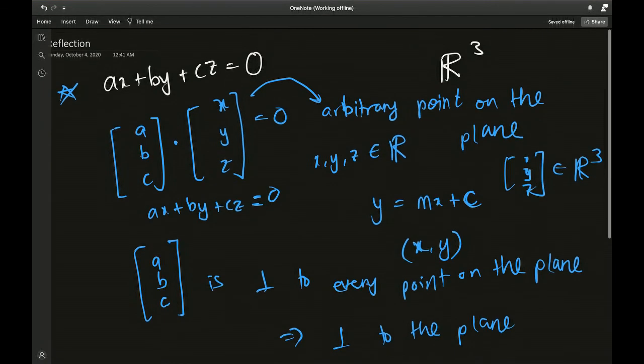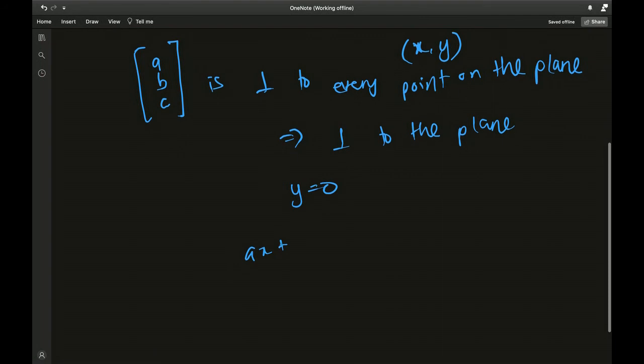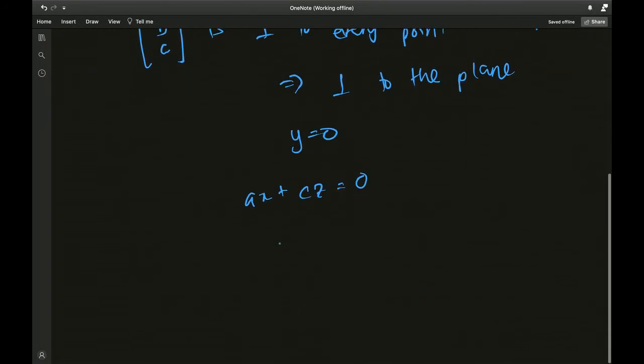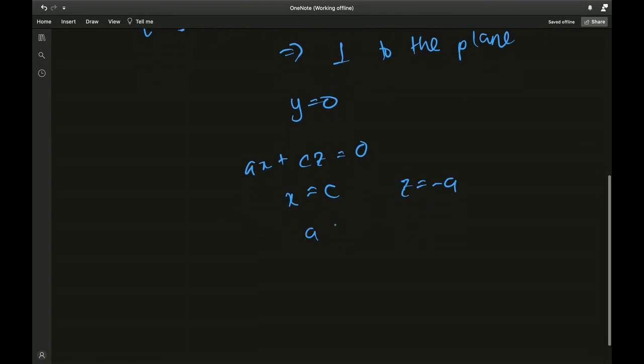If we let y equals 0, the equation becomes ax plus cz is equal to 0. Now we need to choose x and z in such a way that this equation is satisfied. So take x to be c and z to be negative a, because if you plug everything in, ac minus ac is definitely 0.